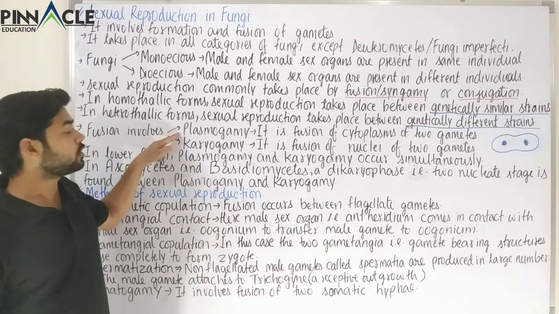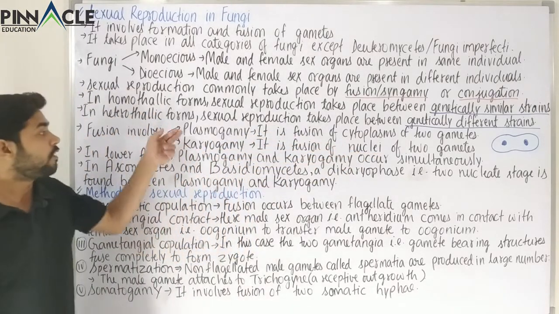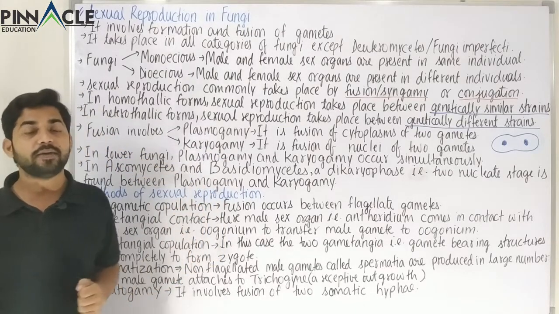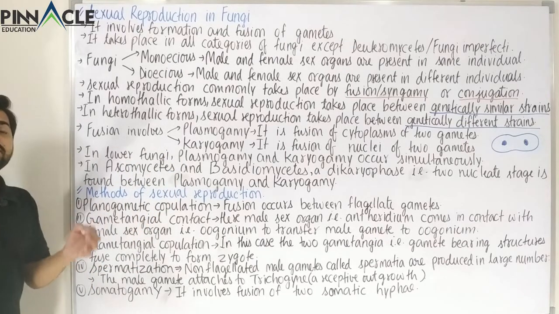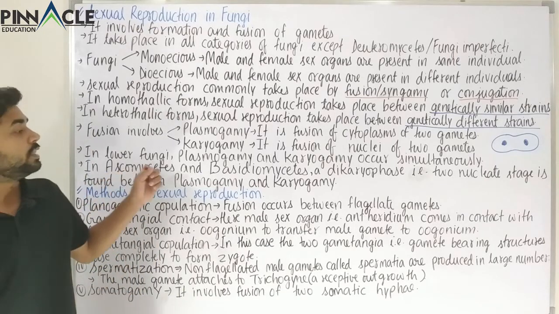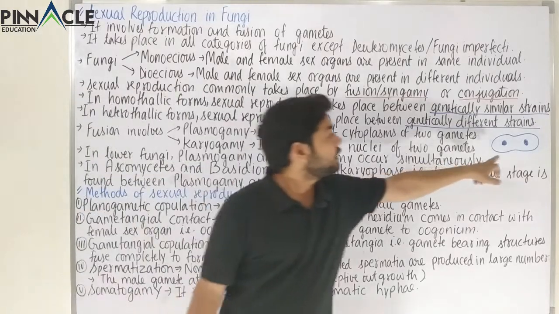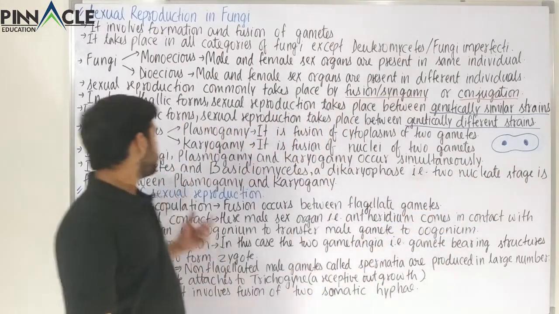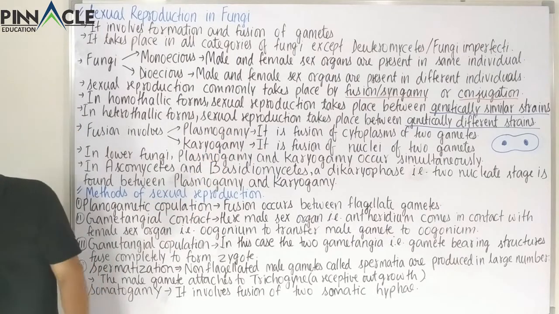So between plasmogamy and karyogamy, this dikaryophase would be there. That is, after plasmogamy, the cell will stop at the dikaryophase for a certain time, and after that karyogamy will occur, in the case of ascomycetes and basidiomycetes. So in ascomycetes and basidiomycetes, a dikaryophase, the two nucleate stage, is observed between plasmogamy and karyogamy.